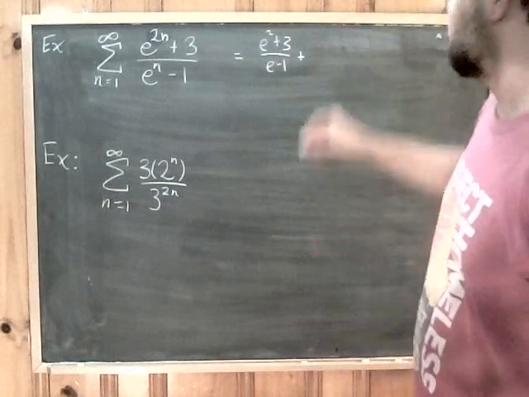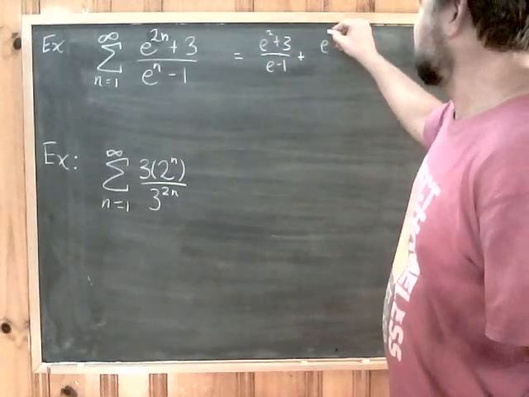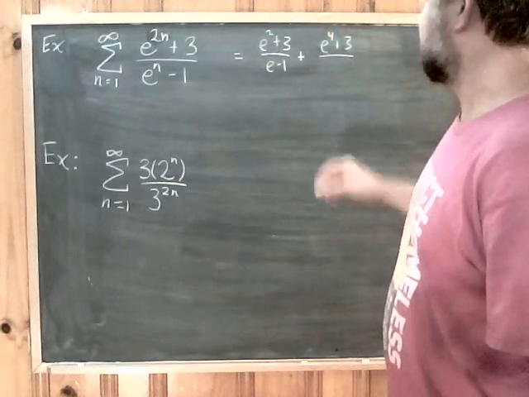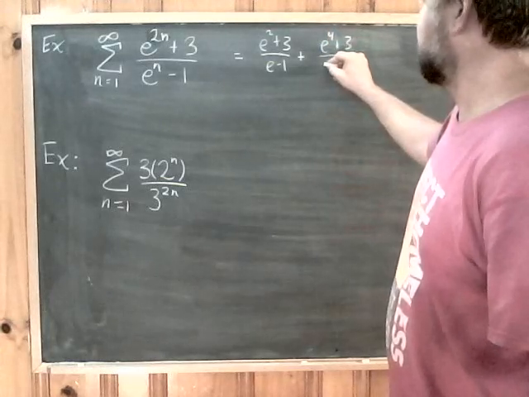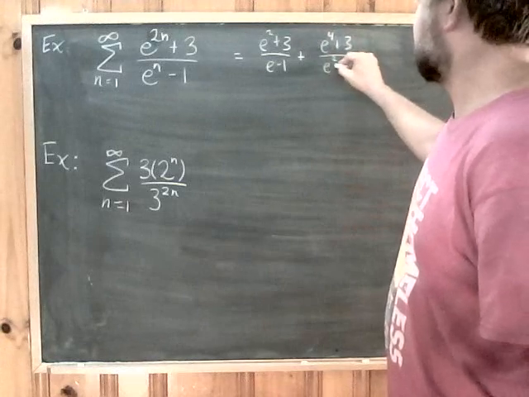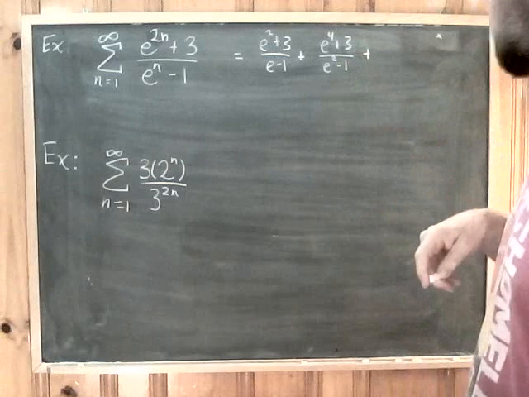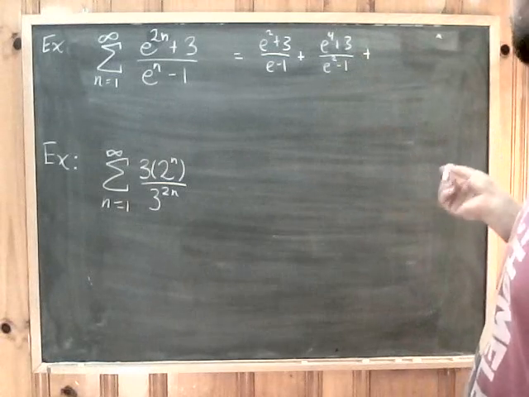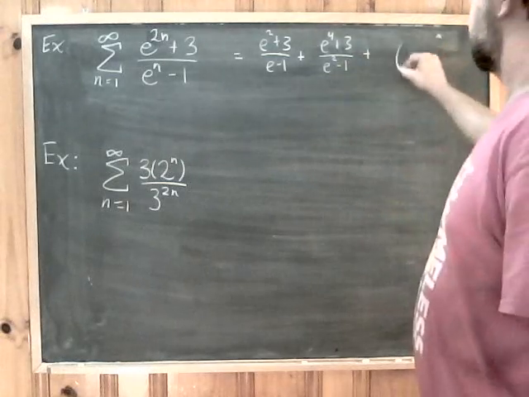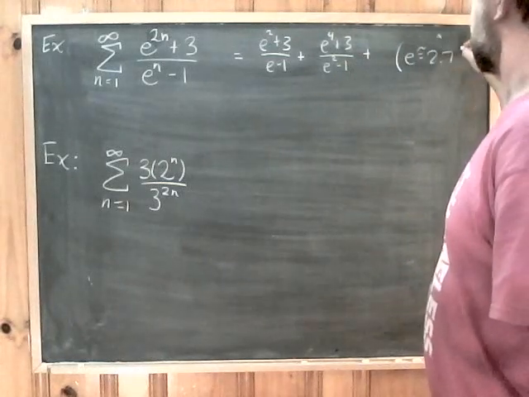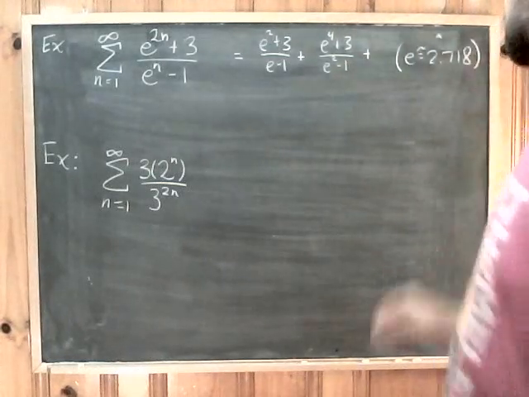Then if I plug in 2, I'll have e to the 4 plus 3 divided by e squared minus 1. And you could get those on your calculator, or you could use an approximate 2.718. That's approximately what e is.